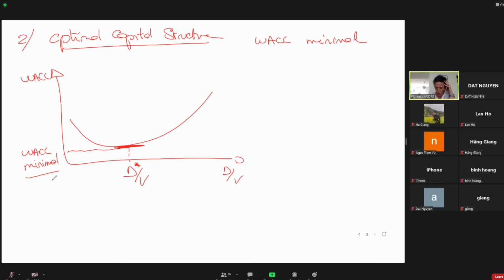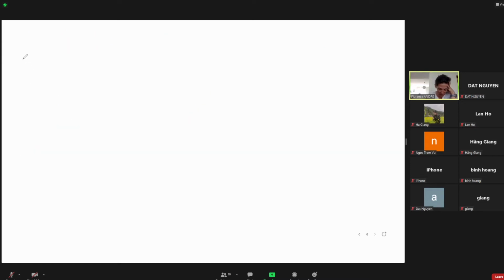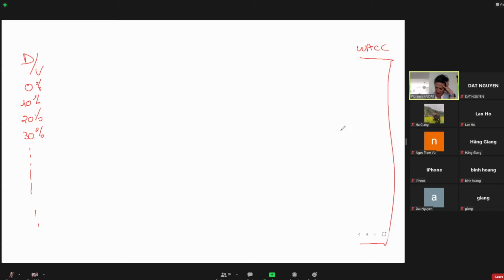To do that, we will take a table with D over V. So we will assume 0%, 10%, 20%, 30%, and so on. And we would like to find the WACC, in order to look at which level of debt the WACC is minimal.